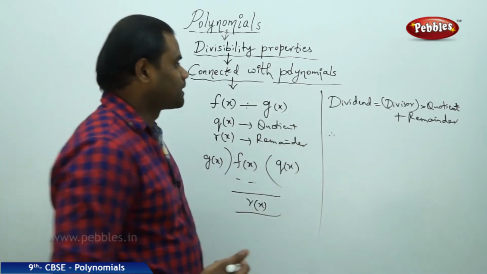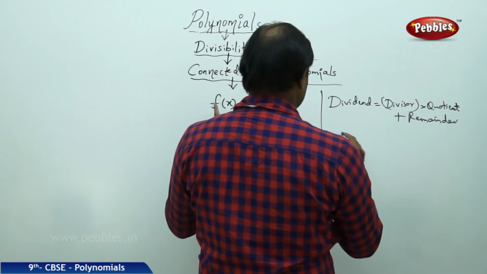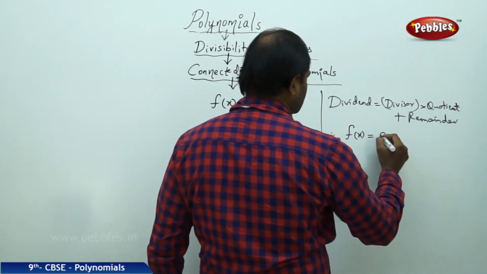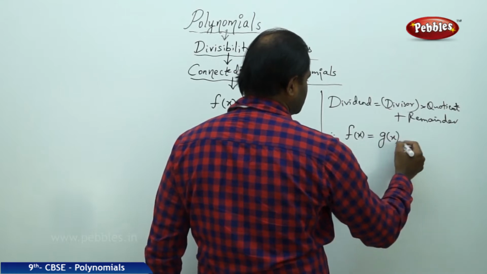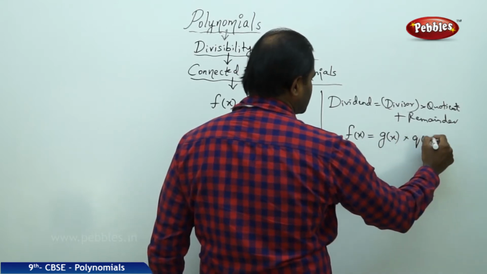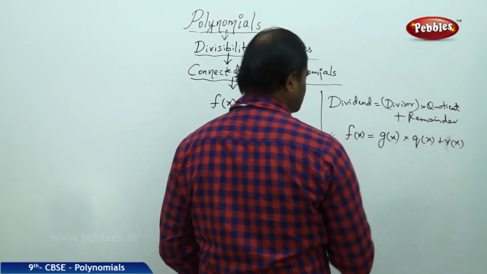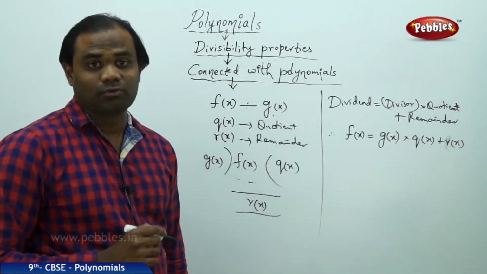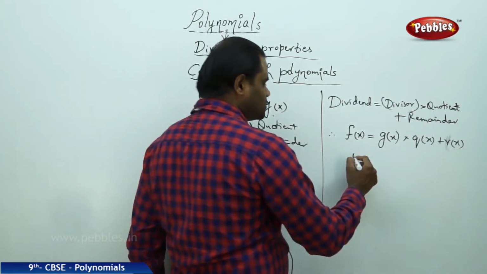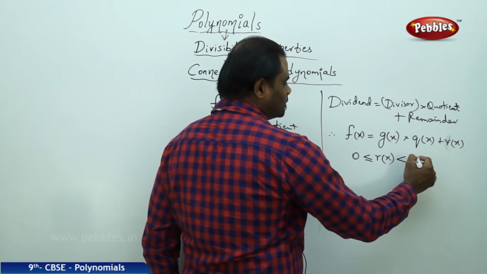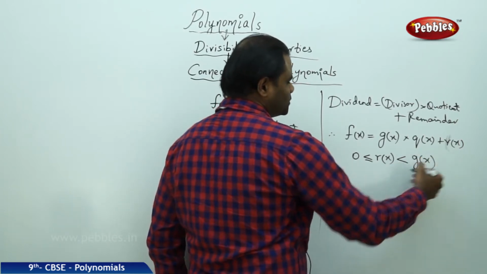Dividend, in this case the polynomial which is being divided, is equal to the polynomial which divides into q of x, plus r of x, provided that 0 is less than or equal to the remainder, which is less than the divisor g of x.